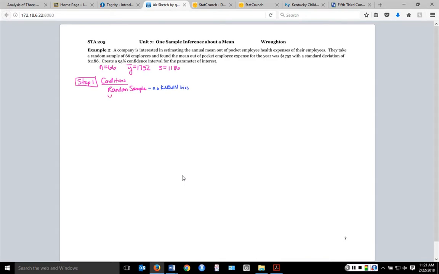And then we either need to have it normally distributed or have a sample of at least 30. Reading the problem, it doesn't say anything about it being normally distributed. I don't have a histogram to look at to see if it looks symmetric and bell-shaped, so I don't know anything about that. But I do have a sample size of at least 30 because my sample size is 66.